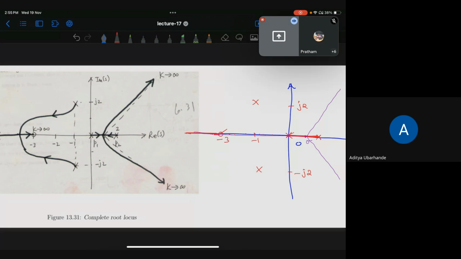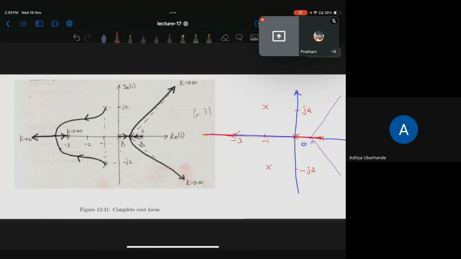So as I said, if you see these two poles, they travel in this direction, right? From here they will meet, and one pole will move in this direction, the other pole will move in this direction. That is this part of the root locus.